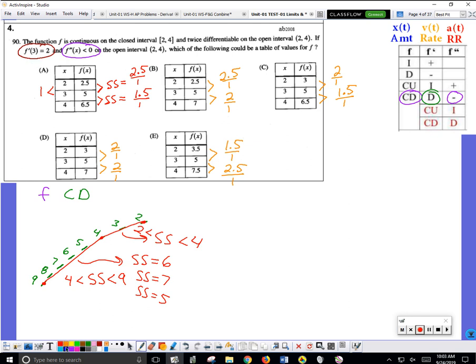So they're saying if this is f, let's draw this one. Then the secant from the first 2 points, the secant slope, this is also Sydney's question, will have a value of 1.5. The next slope, actually the tangent slope right here at 3, has to have a value of 2.